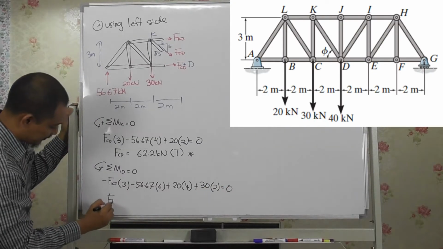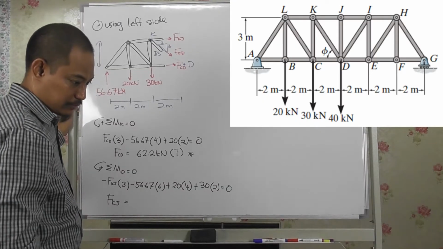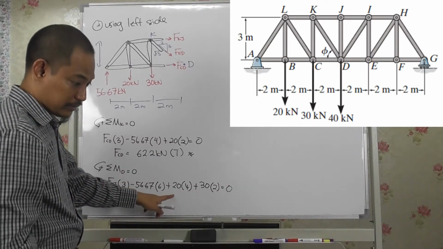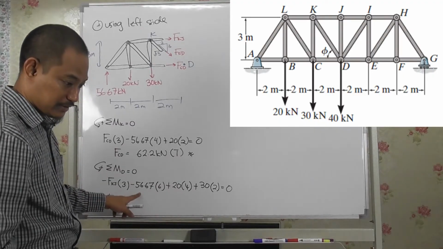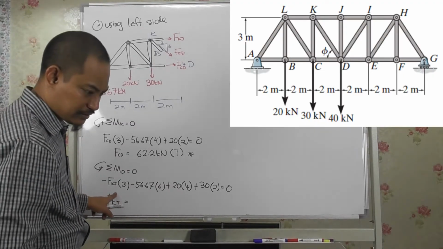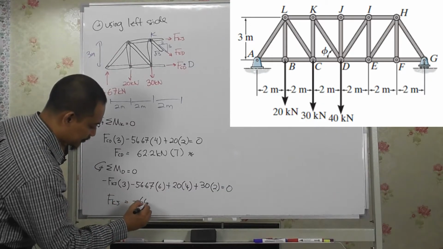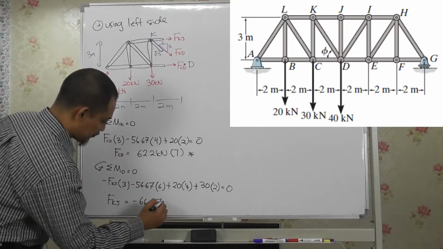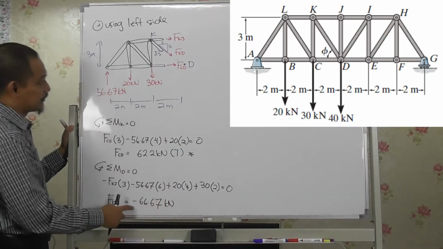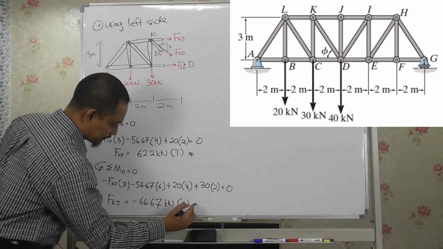So FKJ, if you solve this, so double check, 24, 32 minus 56, 6 minus FKJ 3, then you'll get minus 66.67 kilonewton. And this is negative because I assume tension, negative means compression.